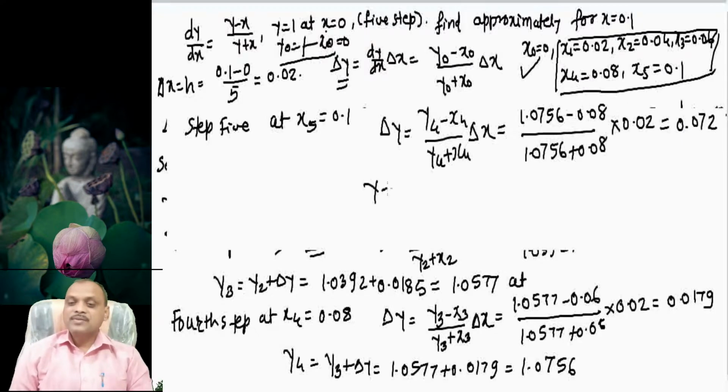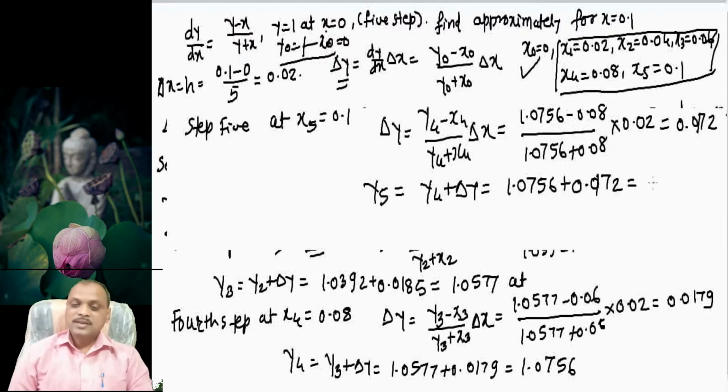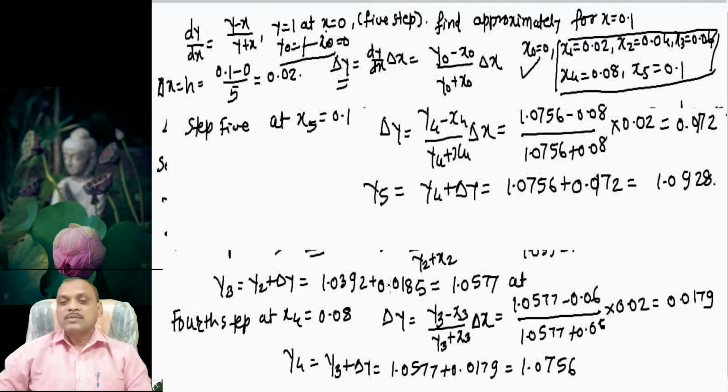So y5 equals y4 plus delta y, which is 1.0756 plus 0.0172, and it will be 1.0928. Likewise, we can apply Euler's method to solve first order differential equations.